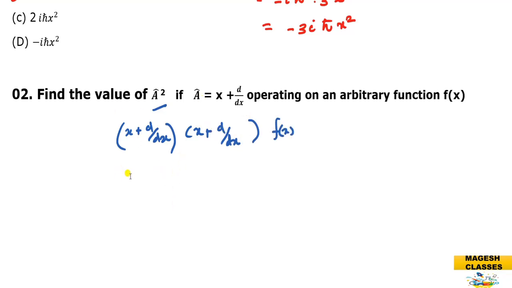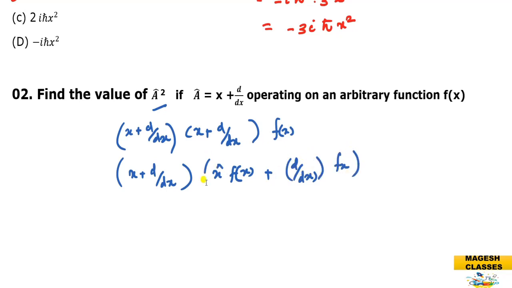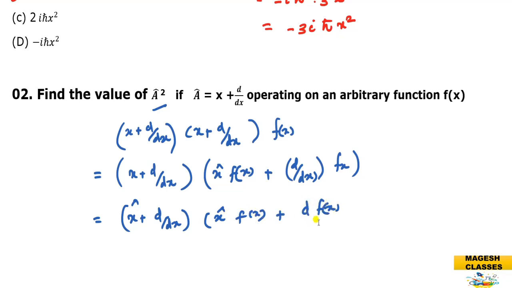So this is equal to x plus d by dx, and x plus d by dx operated on f of x. The operation is on the left hand side of the function. So this is the second one. This is x operated on f of x plus df of x by dx. Clear?